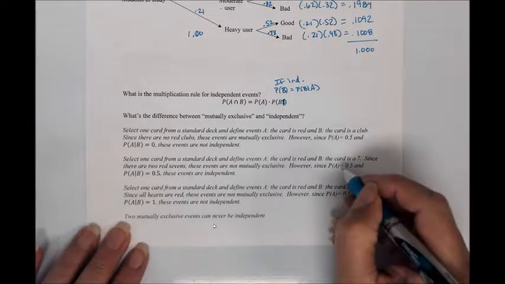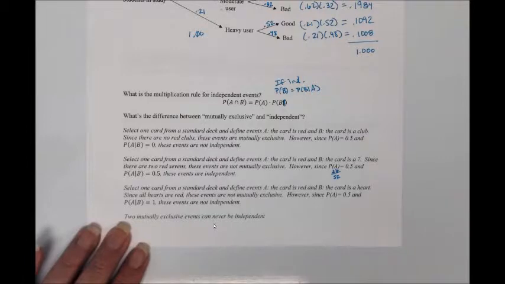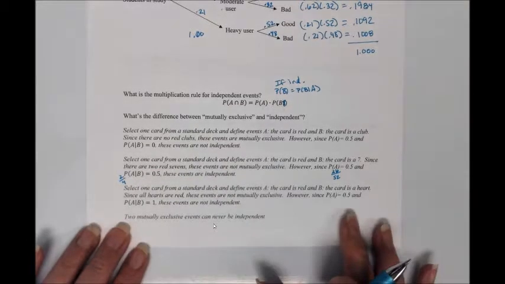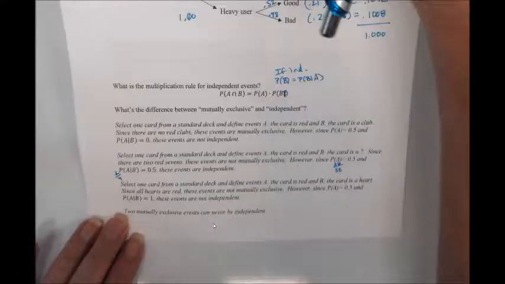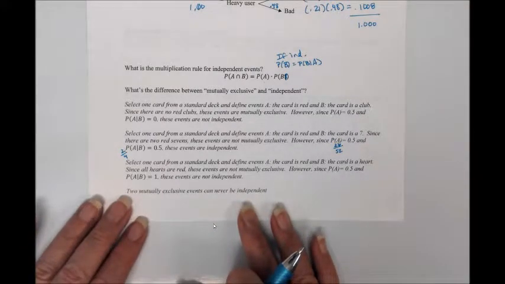So this one came from 26 out of the 52 are red, and this is that 2 out of the 4 7s are red. They are both 1/2, so they are independent events. So knowing that I have a 7 in my hand doesn't help me know what color it is.